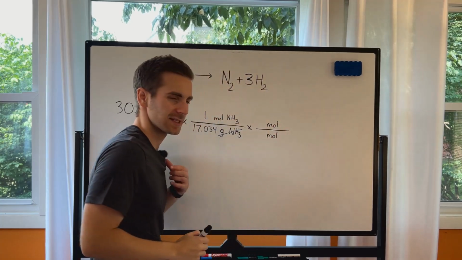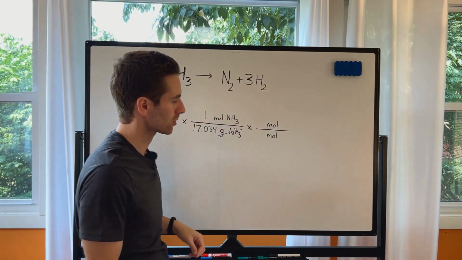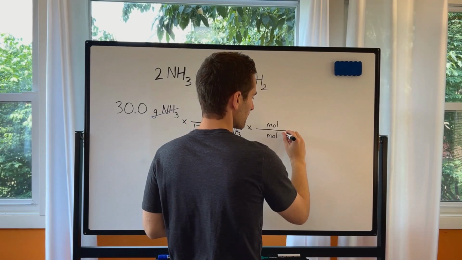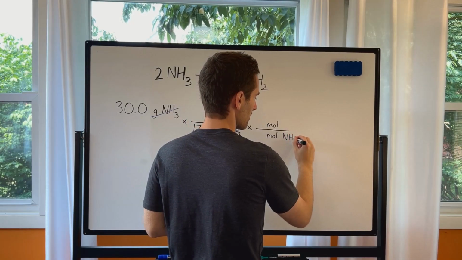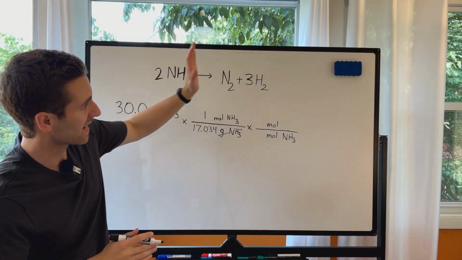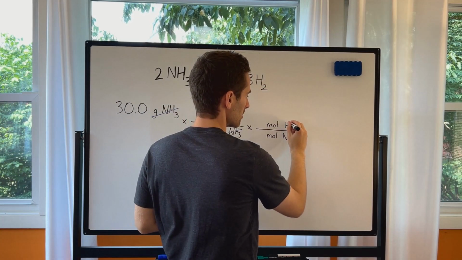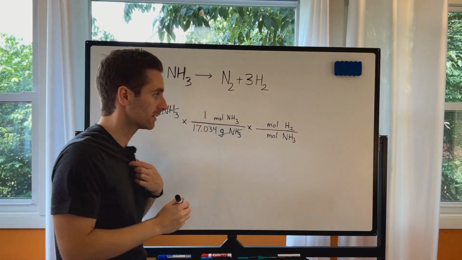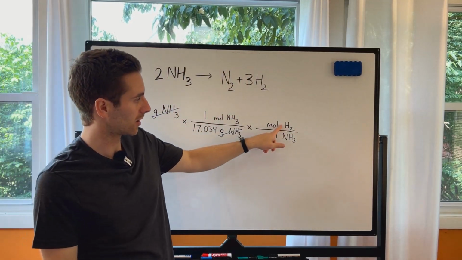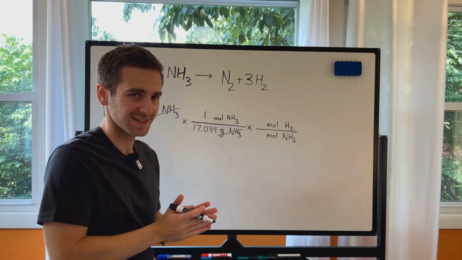So it's the same unit, and you have to label this carefully. We're going from moles of NH3, so I'm going to put moles of NH3 on the bottom. And then I'm trying to find the amount of H2, hydrogen gas, so I'm going to put moles of H2 on top. Make sure you label not just moles, but what substance you're talking about, otherwise it won't make any sense.